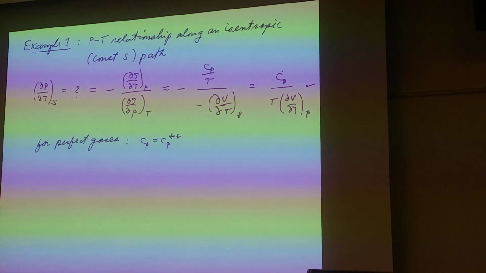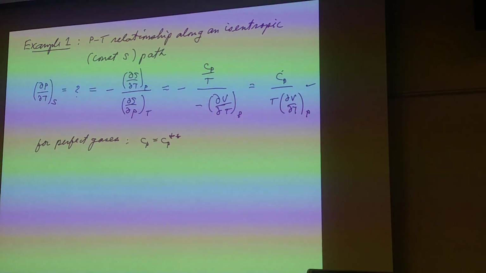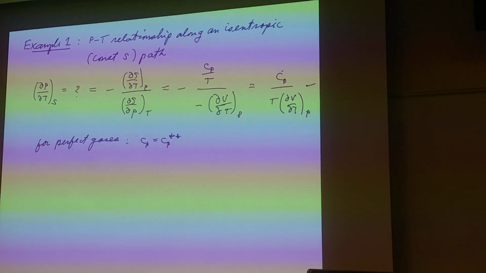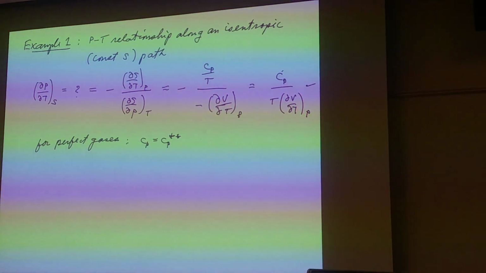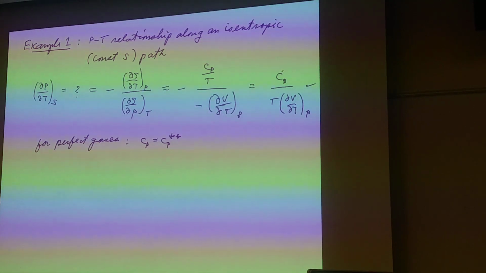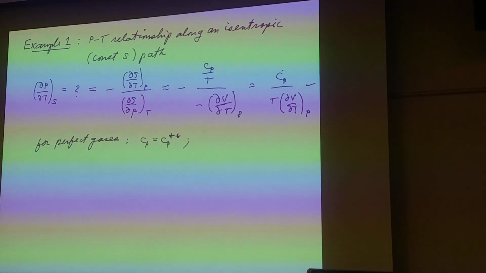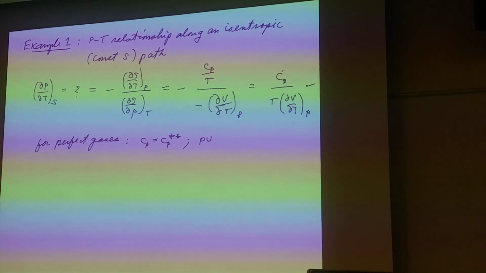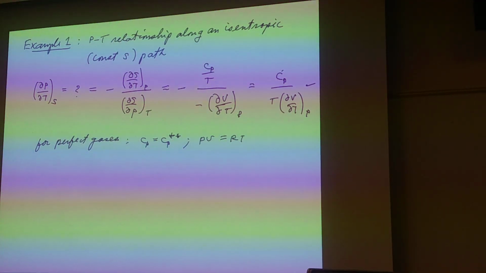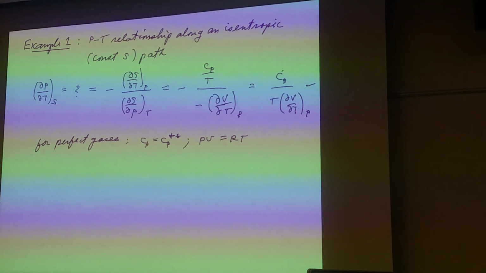For monatomic gases, Cp would be 5/2 R, and for diatomic under 500 K would be 7/2 R. The idea is that it's a constant. And of course, for perfect gases, they're also ideal gases, so PV is equal to RT.